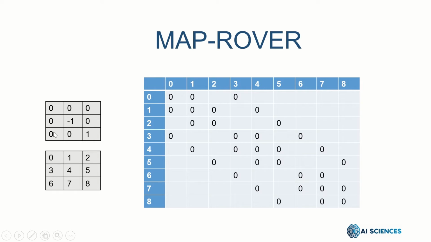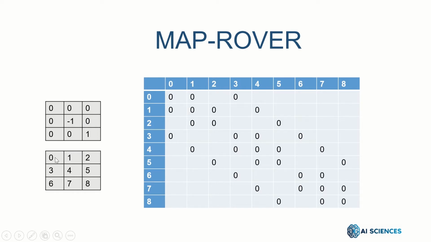All the states have reward 0 except state 4, which has reward -1, and state 8, which has reward 1. Further, let's assume that state 8 is a terminal state, which means once you reach state 8, the game just finishes, or the map rover just wins, or the episode just terminates. Otherwise, the map rover has to take certain steps.